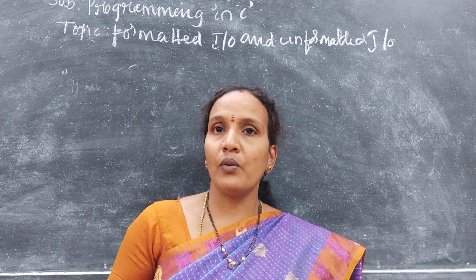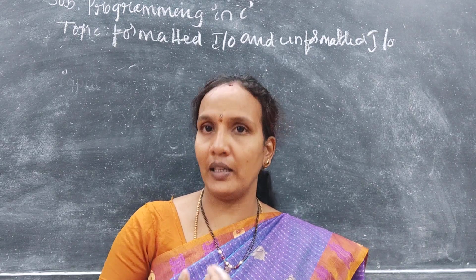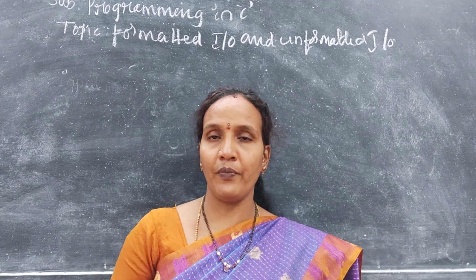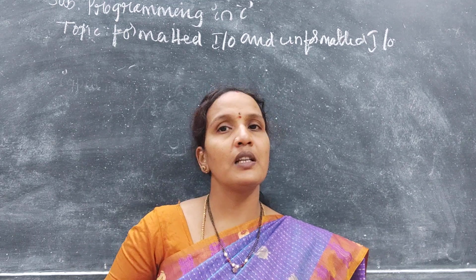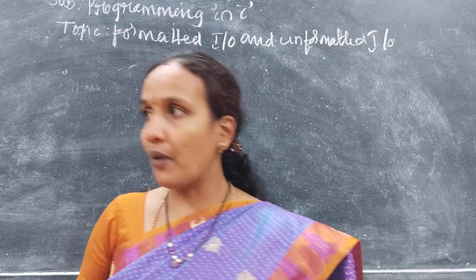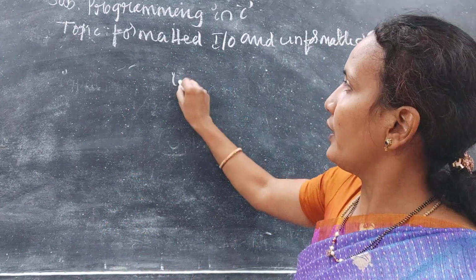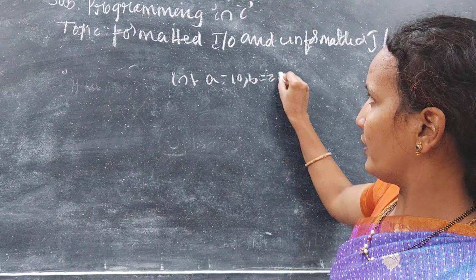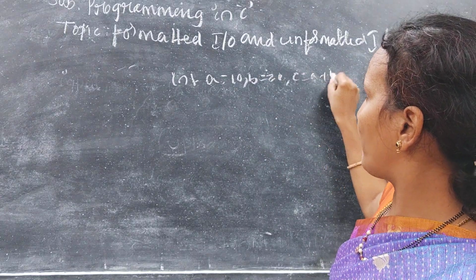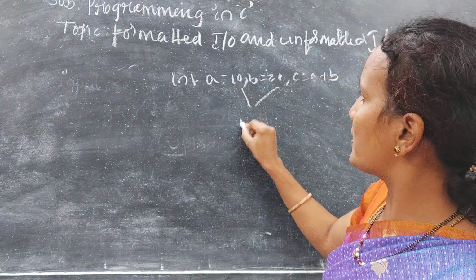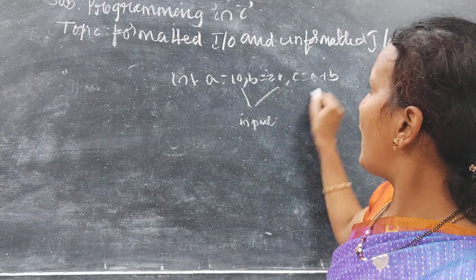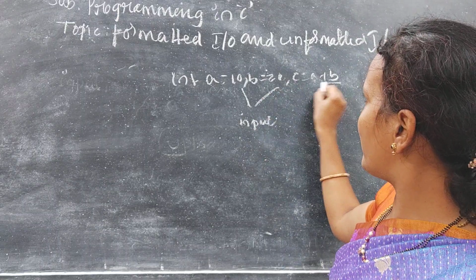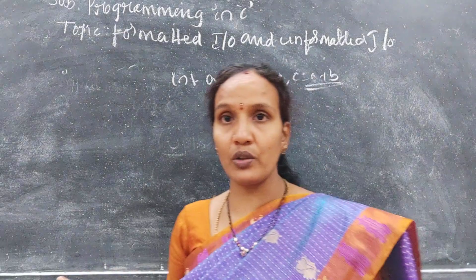Whatever input the user is giving is processed according to instructions. How it is processed: for example, int a = 10, b = 20, c = a + b. Here these two values are the input the user is giving, and according to the instruction, a + b, the two should be added.